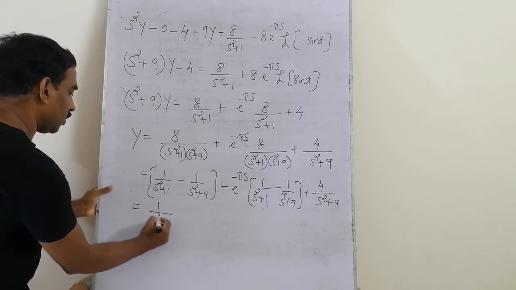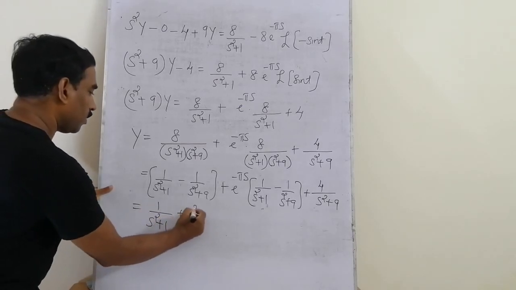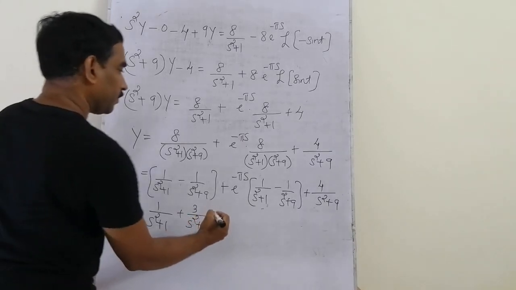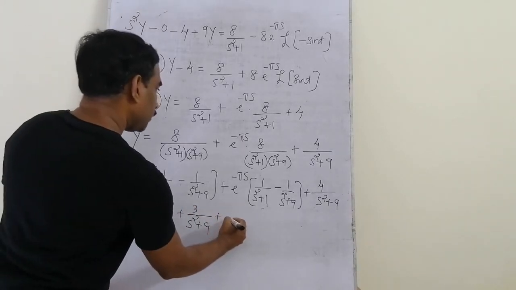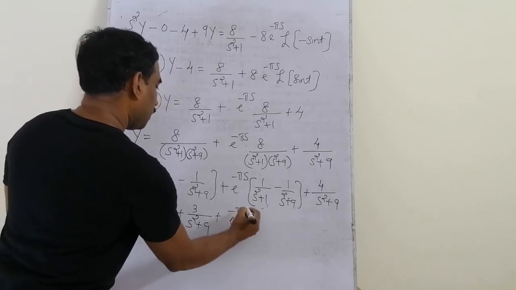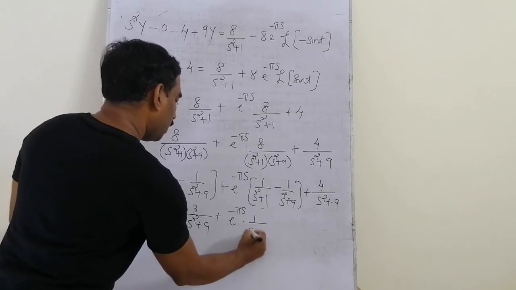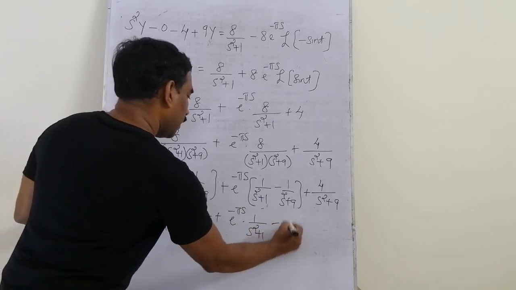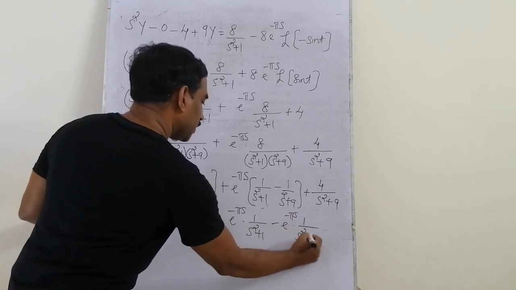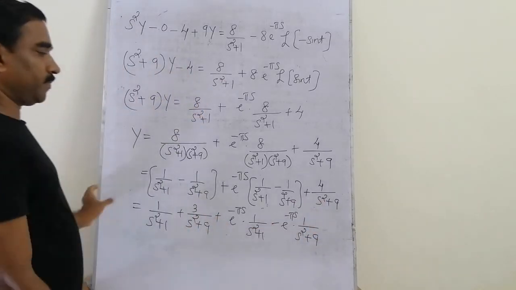So this is equal to 1 by s square plus 1 plus 3 by s square plus 9 plus e raised to minus pi s into 1 by s square plus 1 minus e raised to minus pi s into 1 by s square plus 9.